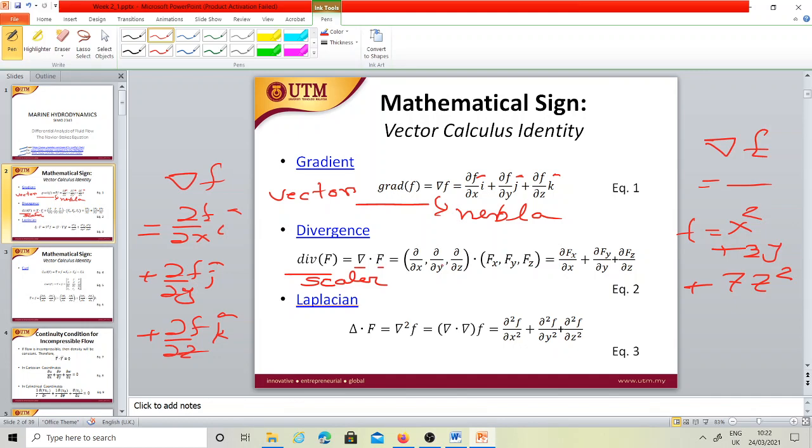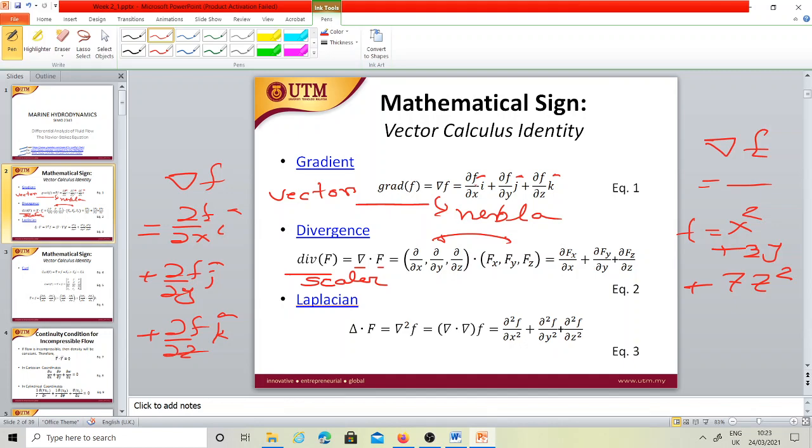So if you consider this dot product, which is the basic a dot b, it should be del fx by del x plus del fy by del y plus del fz by del z. It means we are differentiating the x component with respect to x, the y component of that function with respect to y, and the z component of that function or force, whatever it is, with respect to z.